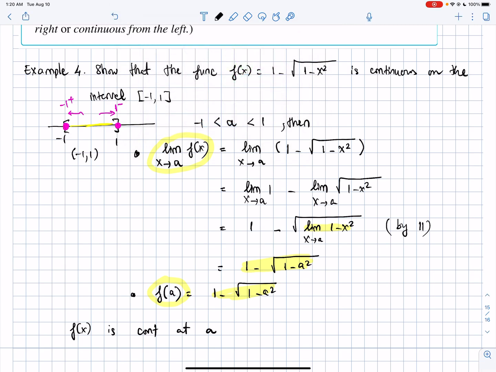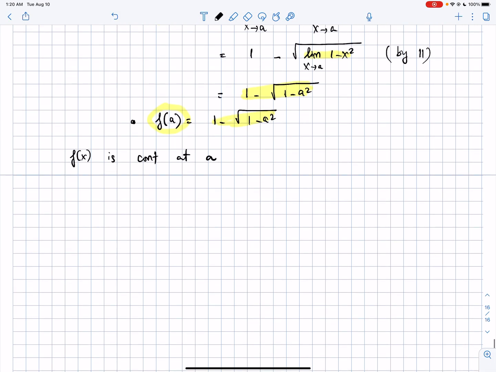So let's calculate the limit. Let's find the limit as x approaches -1 from the right-hand side of f of x.